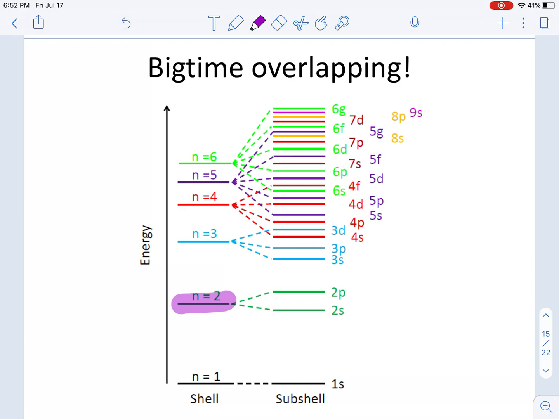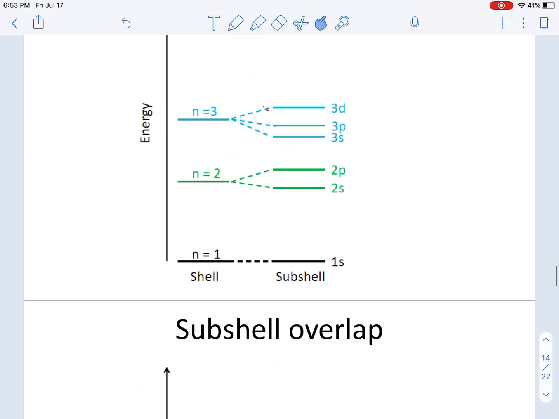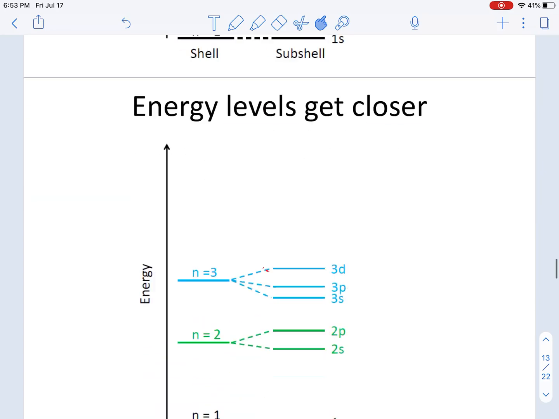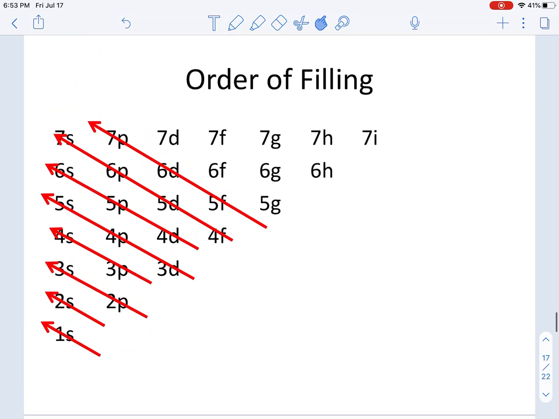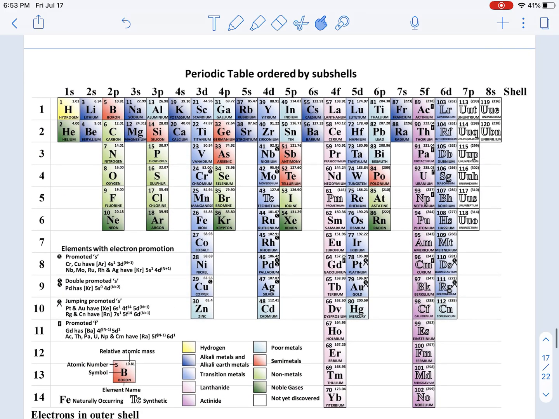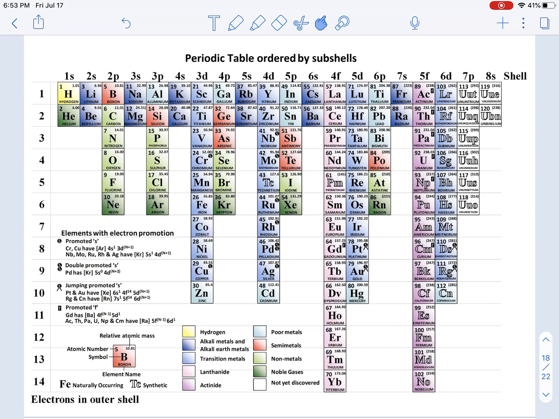So there's a whole lot of overlapping, because again, as those shells get further and further out from each other, they get closer and closer together. And so consequently, that nice, neat, expected order that we would see here like this doesn't really happen. So consequently, we talked before about the order of filling. You can do the diagonal thing if you want.